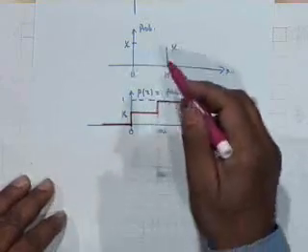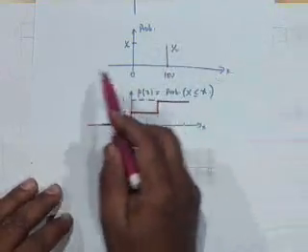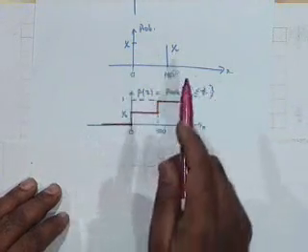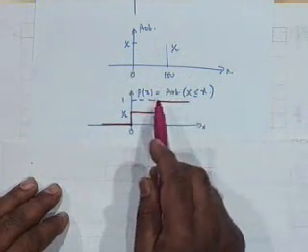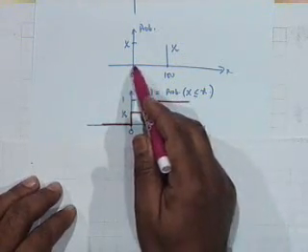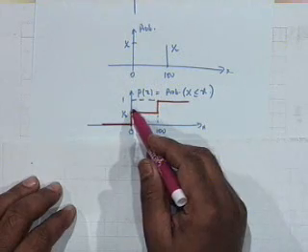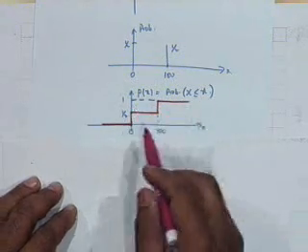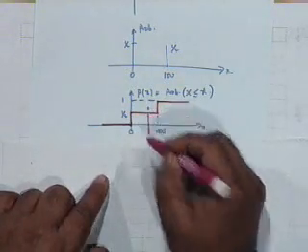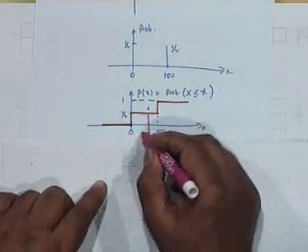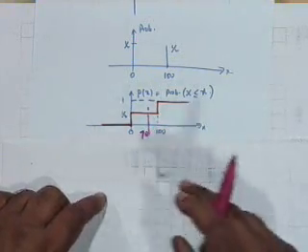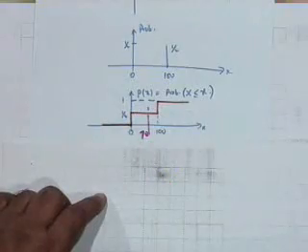meaningful. For example, in this particular case you can see that from minus infinity to 0 the probability distribution function P of x is also 0. At x equal to 0 it suddenly jumps to half, then it remains at half. For example, if you ask what is the probability distribution function for x equal to 70, that is capital X less than or equal to 70, it is still half.